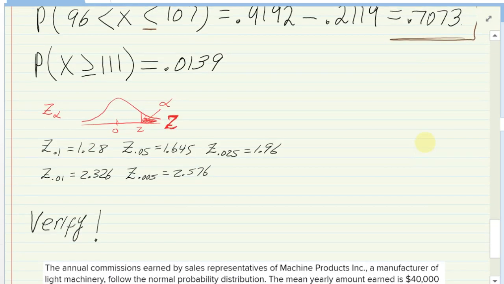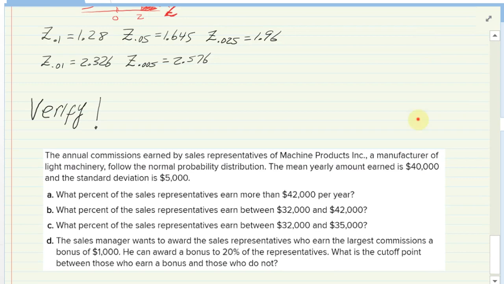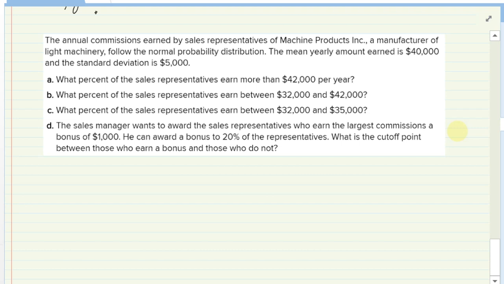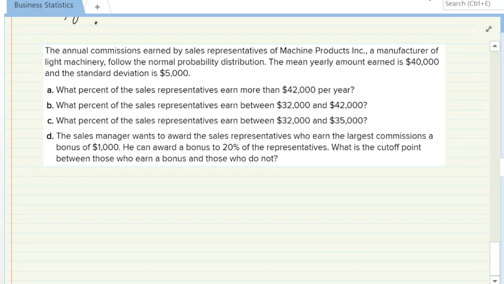So now let's take a look at an exercise here. We're going to do this exercise again in Megastat, but first we're going to actually write down each of these using probability notation. Okay, so in this exercise, and I believe this is from your textbook, the problem reads: the annual commission earned by sales representatives of Machine Products Inc., a manufacturer of light machinery, follows the normal probability distribution.